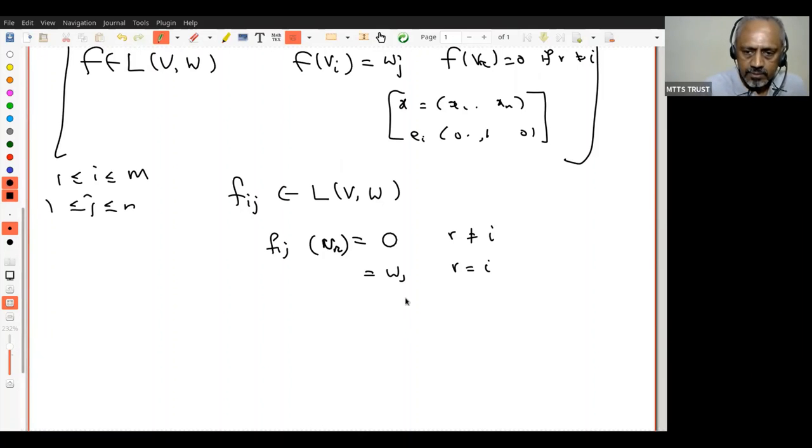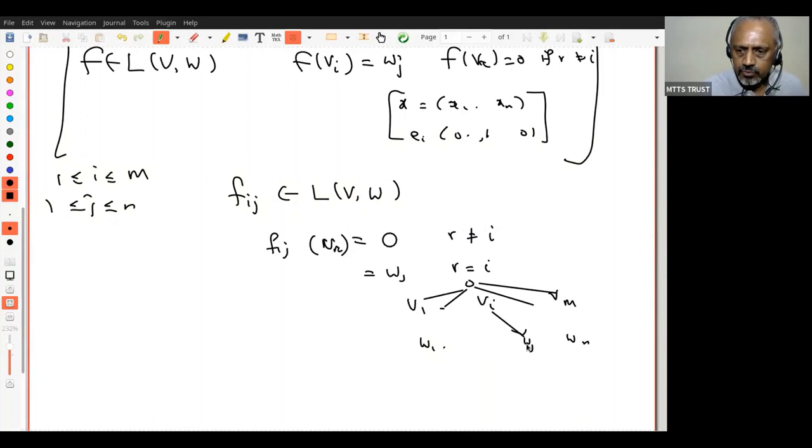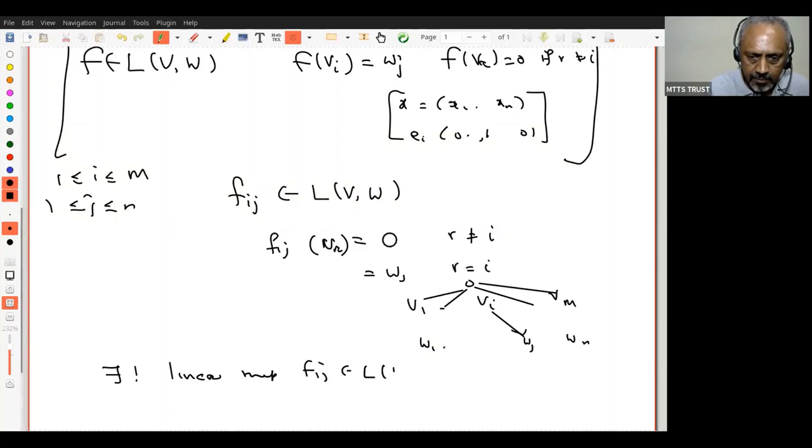You understand this? Therefore, I have v1, vi, vm, and w1, wj, wn. Only vi is mapped to wj. The rest all go to 0. So I have defined this. Therefore, by our last theorem, I know there is a unique linear map Fij in L(V, W).